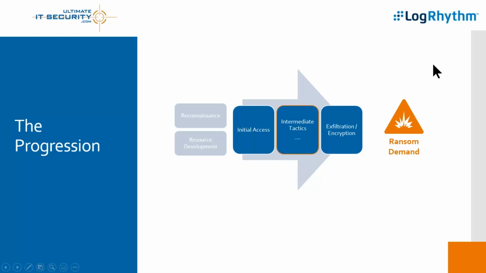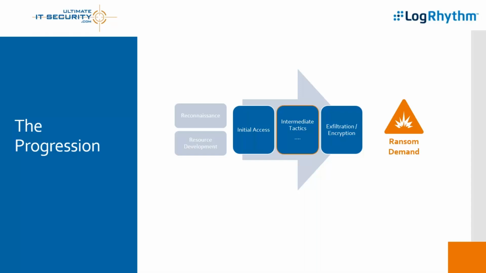Now, fast forward, and with typical ransomware attacks, they have to exfiltrate the data. They can't threaten to release and leak that data unless they've exfiltrated it. And of course, they encrypt your systems so that now we have a double extortion attack. That's the typical type of attack nowadays, not just encryption, but hey, we've also exfiltrated this data.